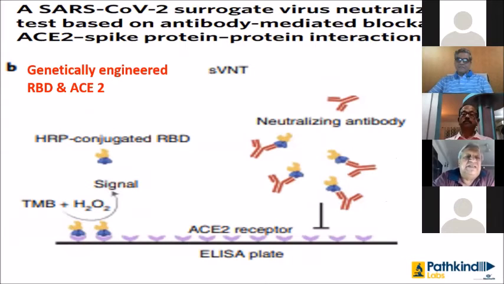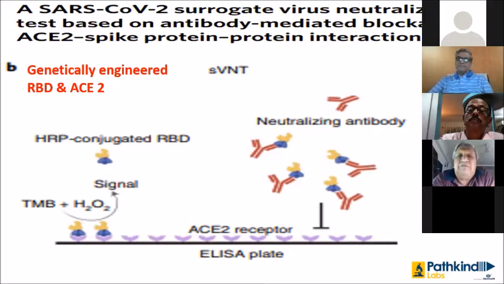Then RBD and human plasma or serum are incubated in a tube separately, hoping that RBD, which is linked to an enzyme, will be blocked by the neutralizing antibodies, and then you will pour them over the ACE2 receptor. After some time, you will wash them so that only the RBD which has not been neutralized would be able to bind and produce color. So the development of color is inversely proportional to the neutralization power of the plasma or serum under test.